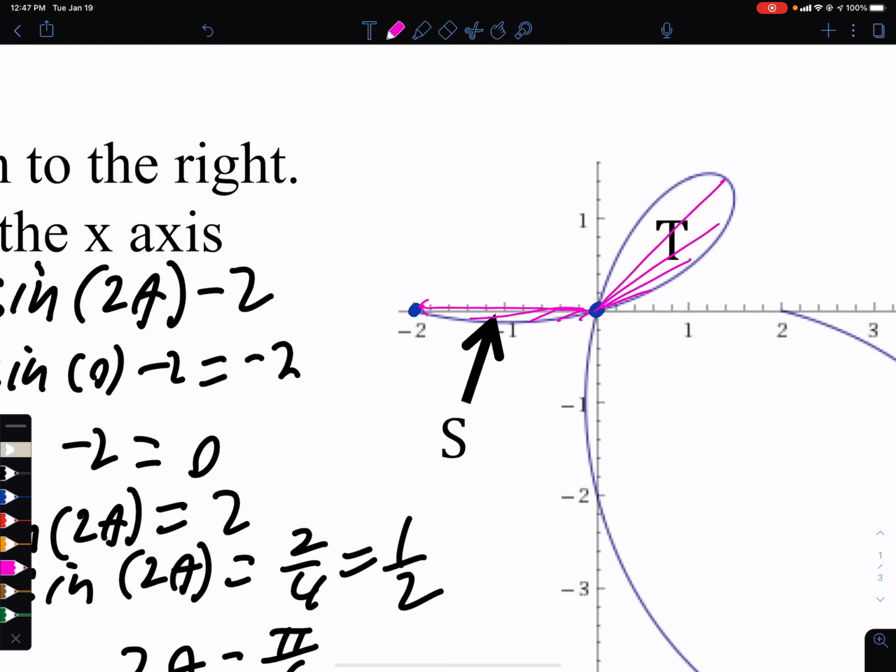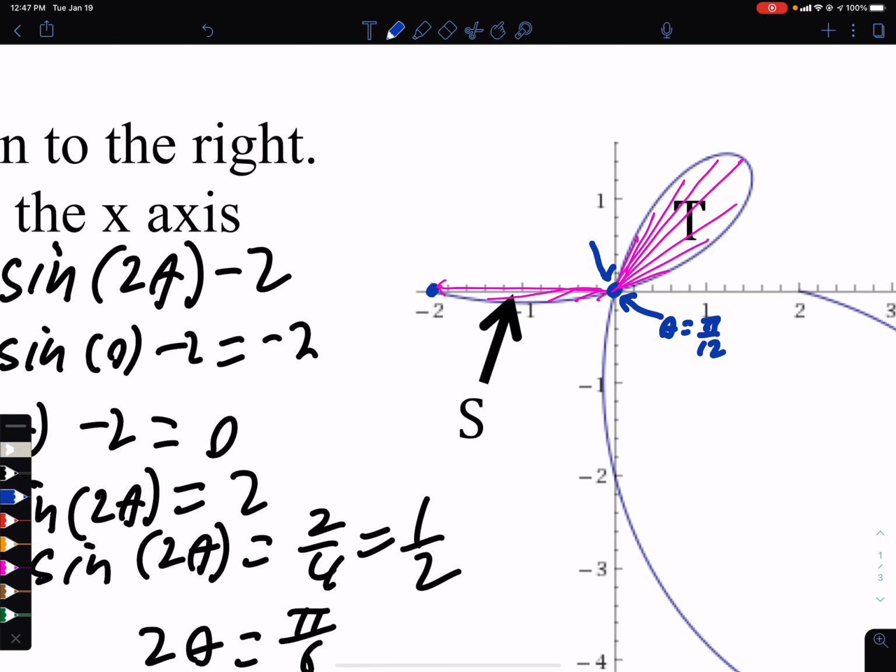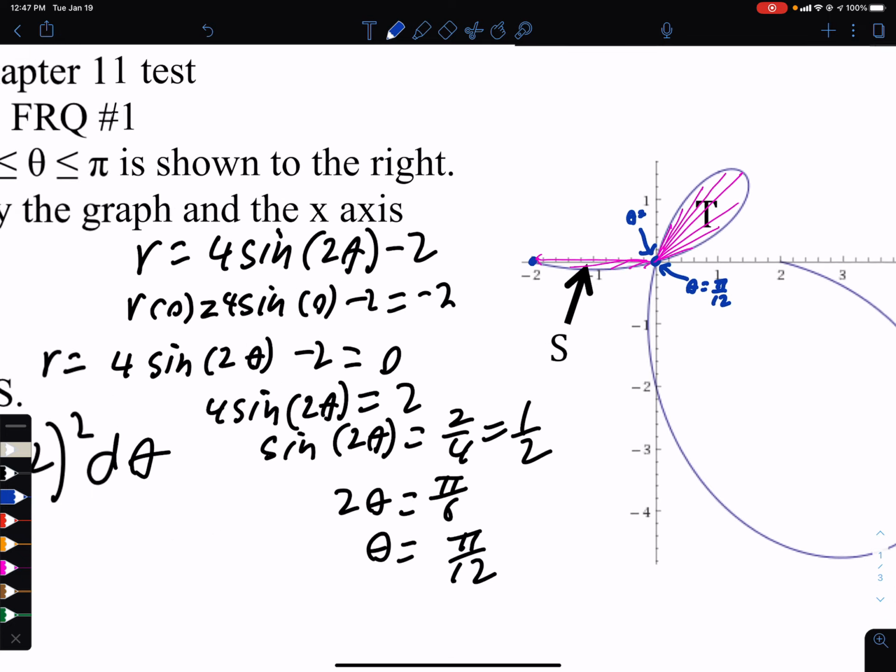And again, realize that your areas are measured through angles. So we started here at theta equals pi over 12, and at the end, we ended up back here again. We've got to figure out that angle.